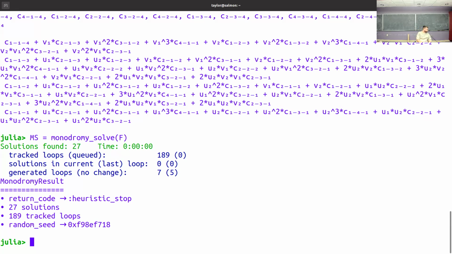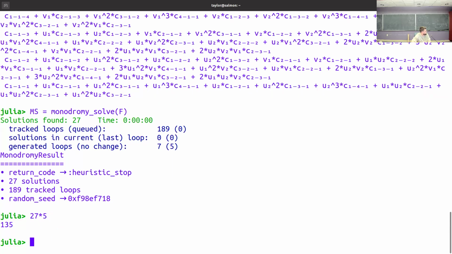So when it does this whole story, it keeps track of how many points it had to shoot around the loops. In total, it had to shoot around like 189. But keep in mind that 135 of those were just double checking that it had found all of them. At some point, it stopped finding new solutions because it had all 27, and it had to do like 135 extra loops to double check this.